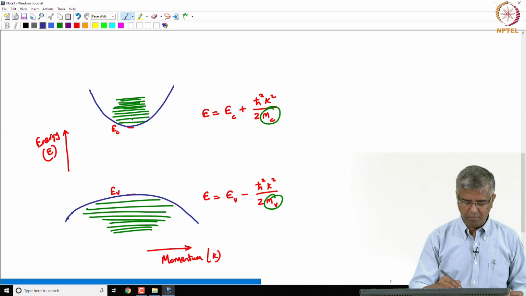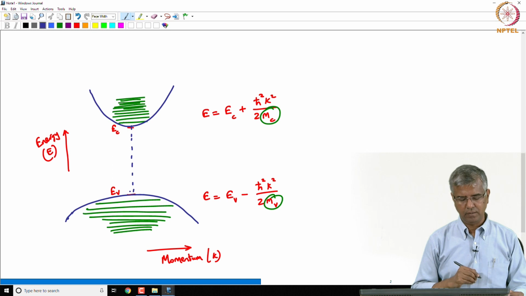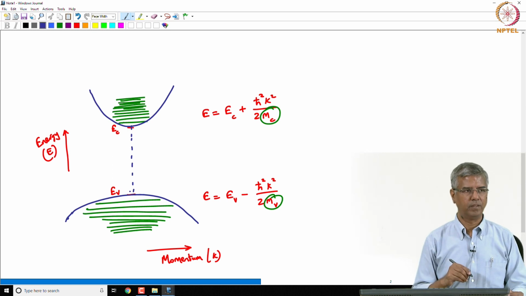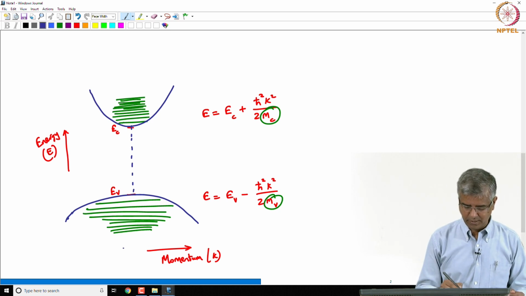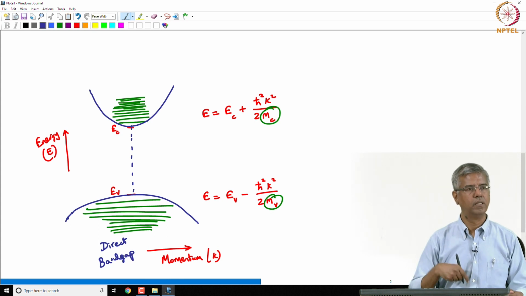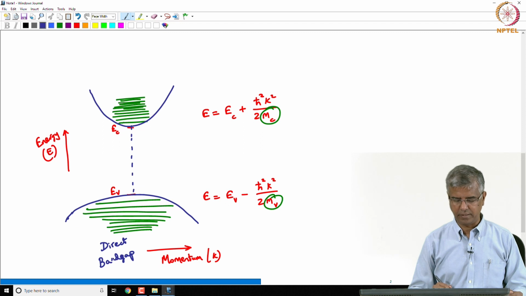If you have a case where the conduction band bottom, right, the lowest energy level at the conduction band, aligns with the top of the valence band, you call that a direct band gap semiconductor, because the transitions can be just direct.